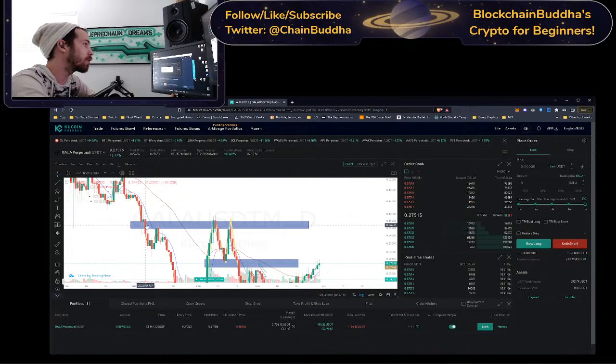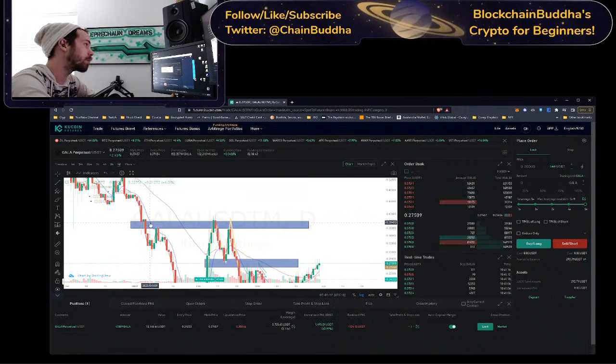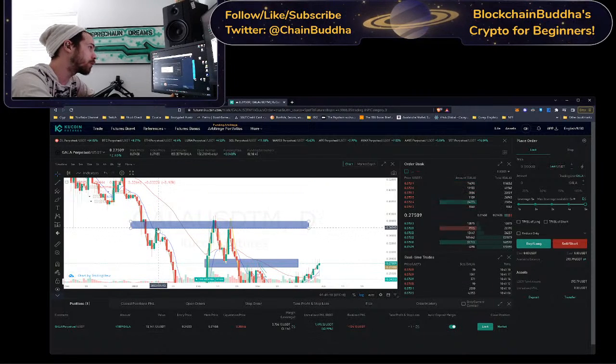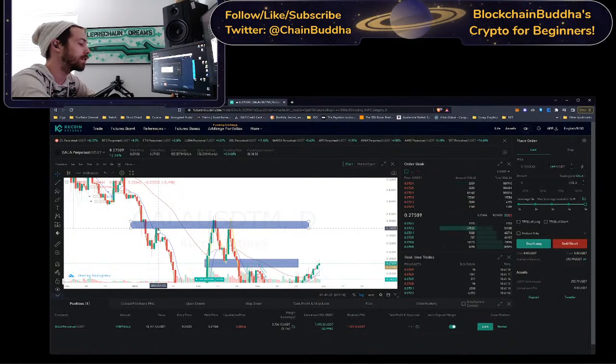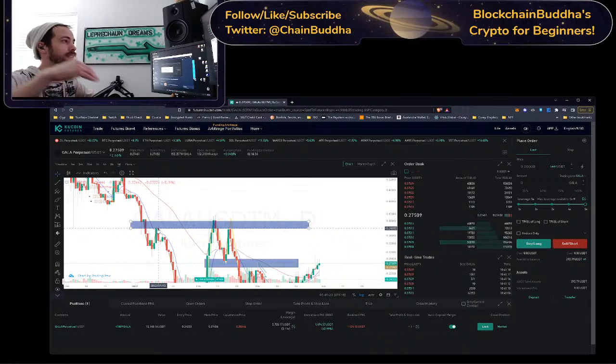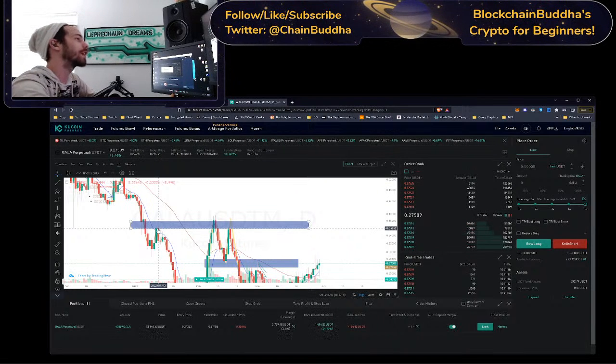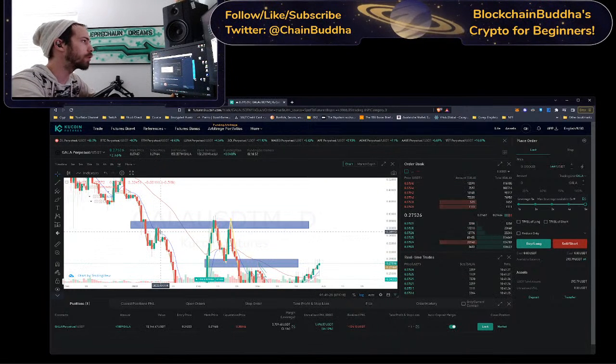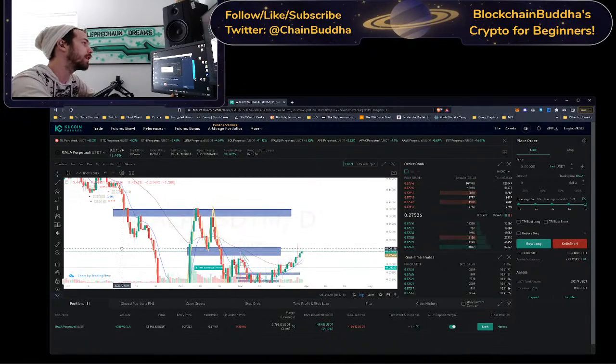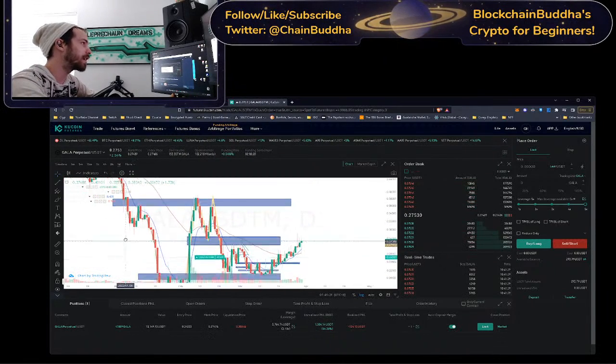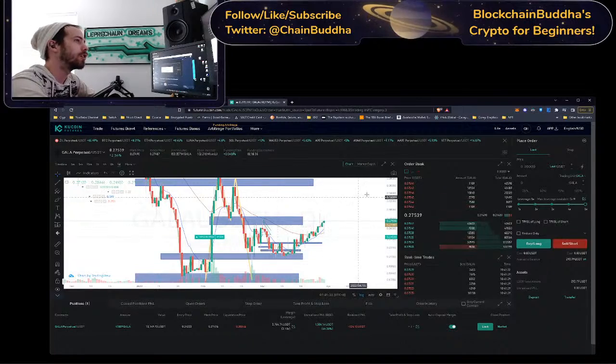And you see that here where price goes down below the zone, comes back up and does a retest of what used to be a support zone, and now it becomes a resistance zone, as price is now resisting going any higher. When price does that, you can see it continued to make its downfall right here.